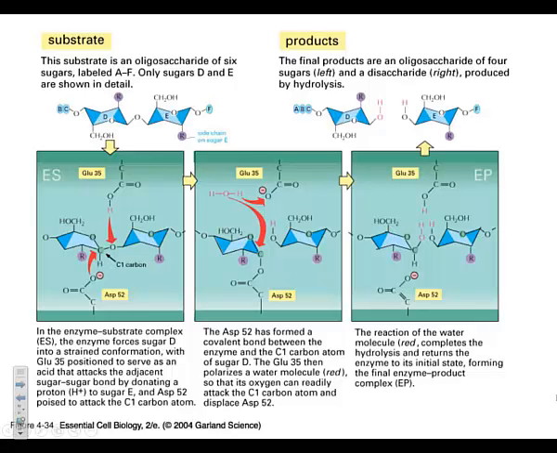So the enzyme is basically speeding up that reaction by holding the carbohydrate in close proximity to those key side chains.